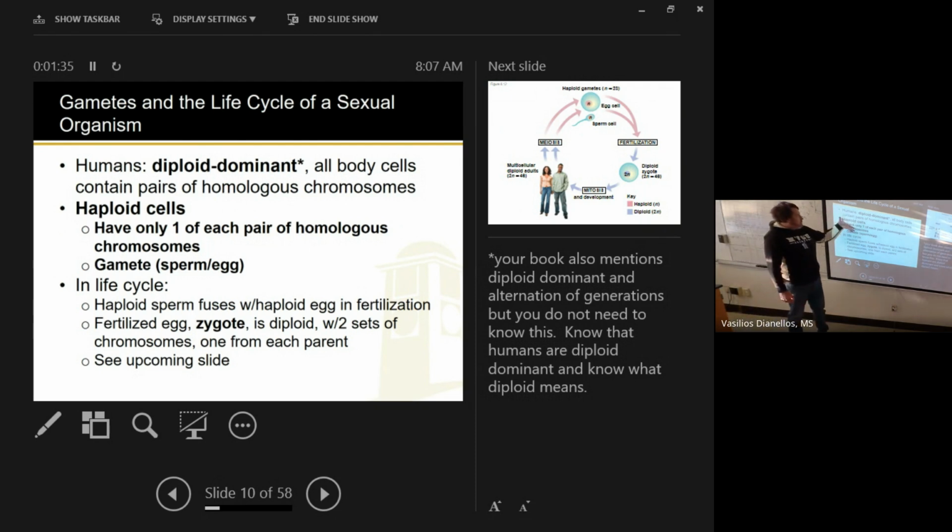So humans, when we say diploid dominant, that means, again, most of our cells in our body are diploid, meaning they have both sets of chromosomes, right? Or as this reads here, your book also mentions diploid dominant and alteration of generations, but you do not need to know this. Know that humans are diploid dominant and know what diploid means.